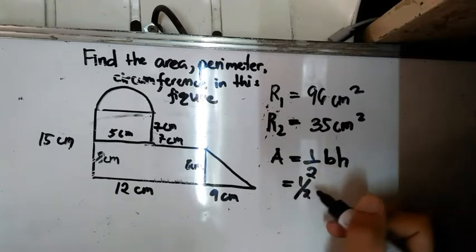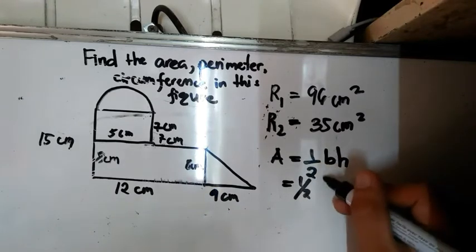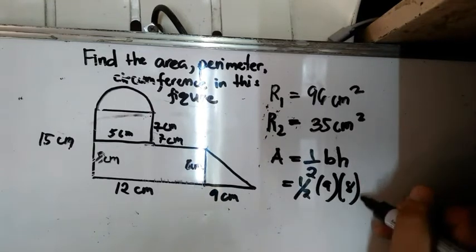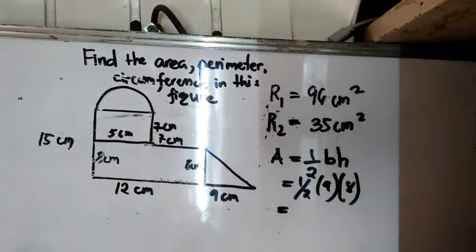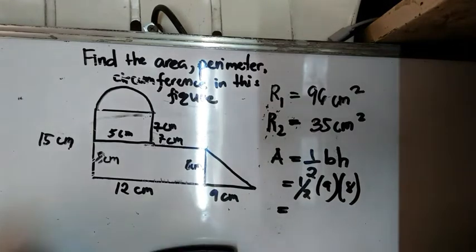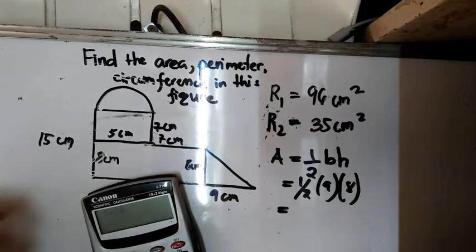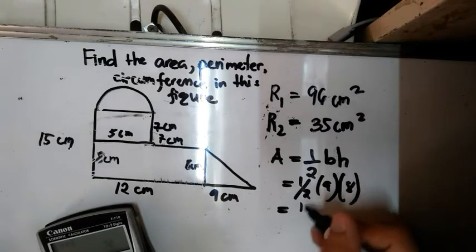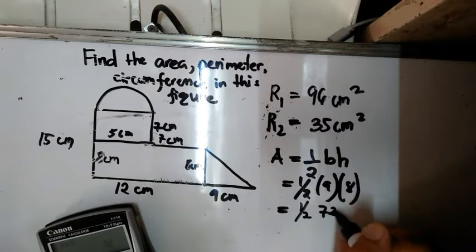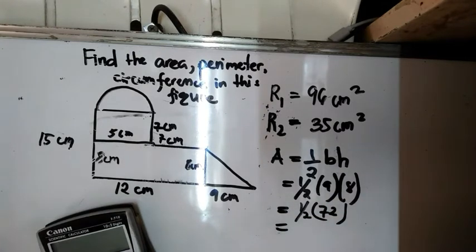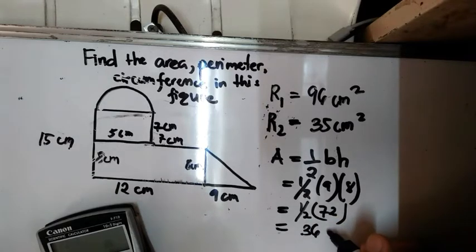So the base is 9 and the height is 8 centimeter. You can use the calculator. 9 times 8 is 72. 72 divided by 2 is 36 centimeter square.